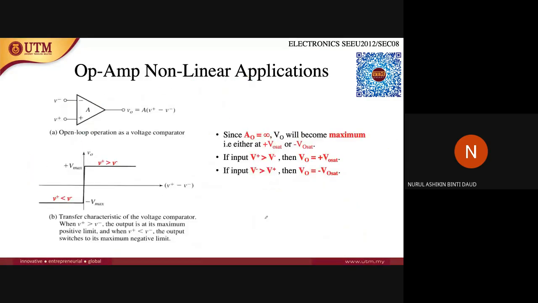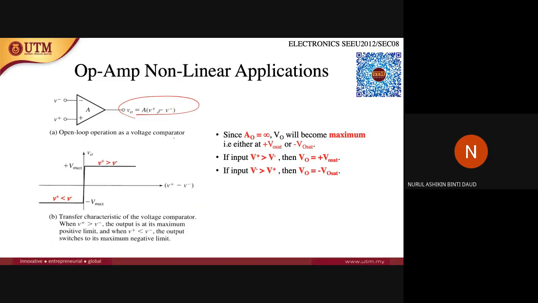So, op-amp non-linear applications: the open loop operation as a voltage comparator. This is what we learned earlier for the linear applications, how you calculate the output voltage.